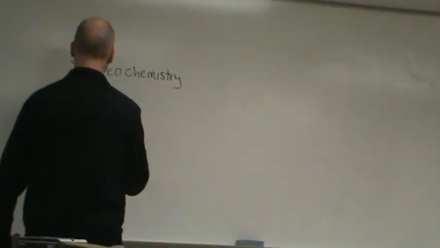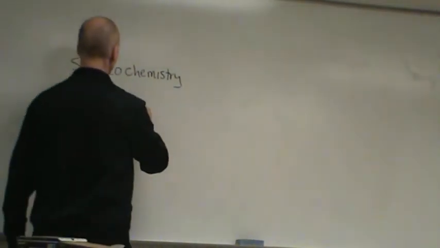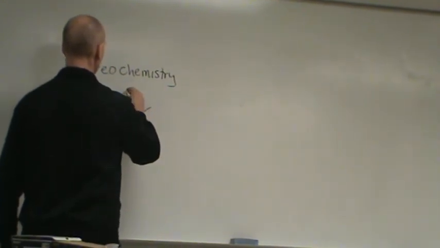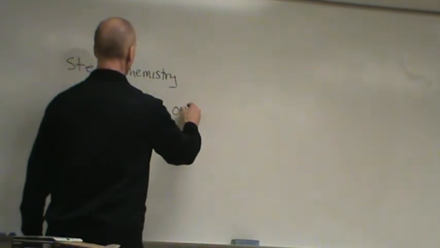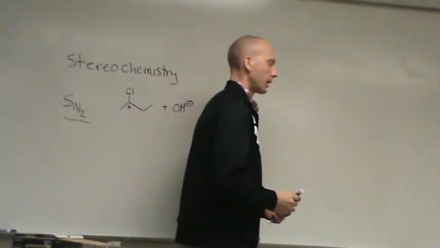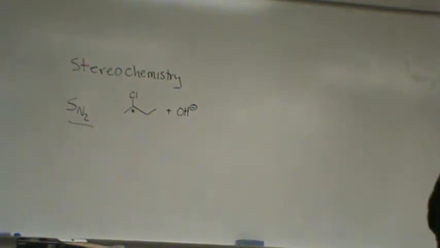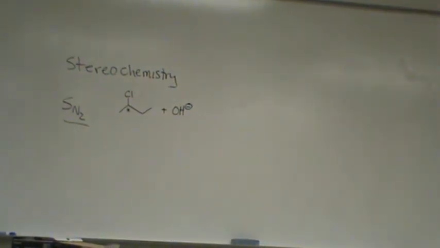For an SN2 reaction, let's look at that first. Suppose we were doing the following SN2 reaction. We wanted to do a substitution on 2-chlorobutane. Note it has a chiral carbon there.